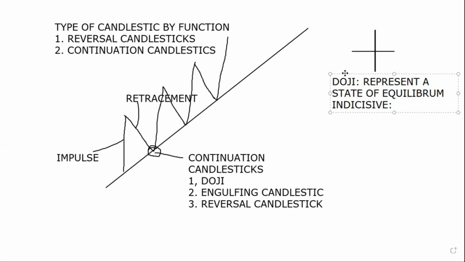Usually, most times, by the next candle, we decide the direction of this market. Most times, if you see this, the next candle you're going to see will be something like this. Sorry. Will be something like this. What does this mean?